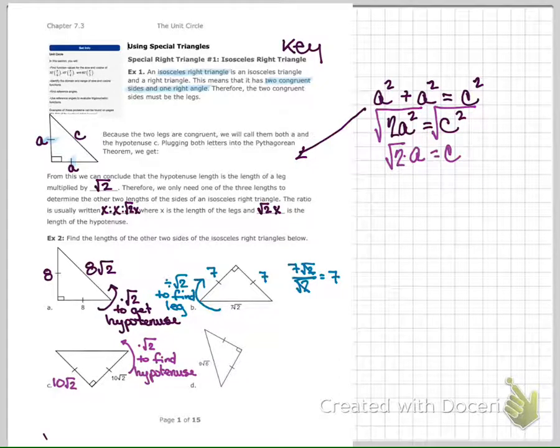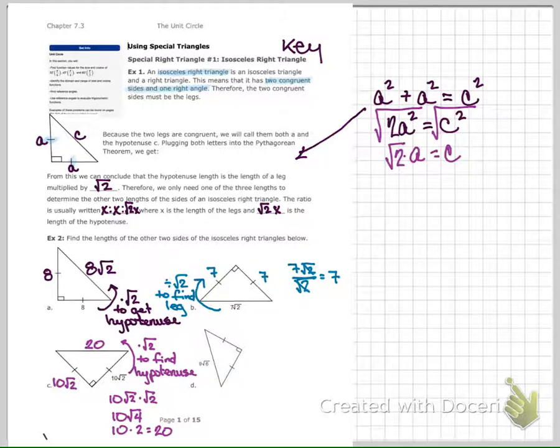And so we've got, I'm going to put it down here and then I'll move it up top. 10 square roots of 2 times the square root of 2 which is 10 times, I can multiply under the radical sign, however you want to think about it. 10 times the square root of 4. Square root of 4 is 2. 10 times 2 makes our hypotenuse 20.